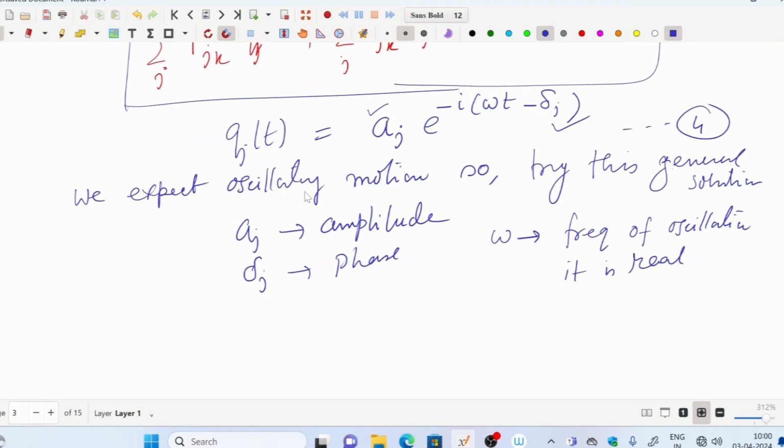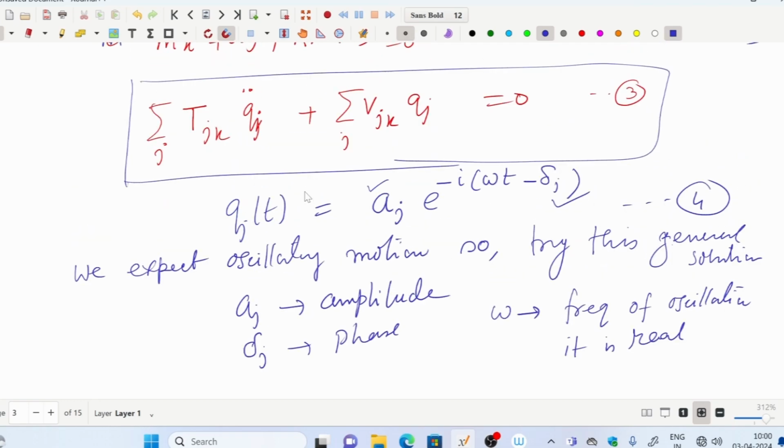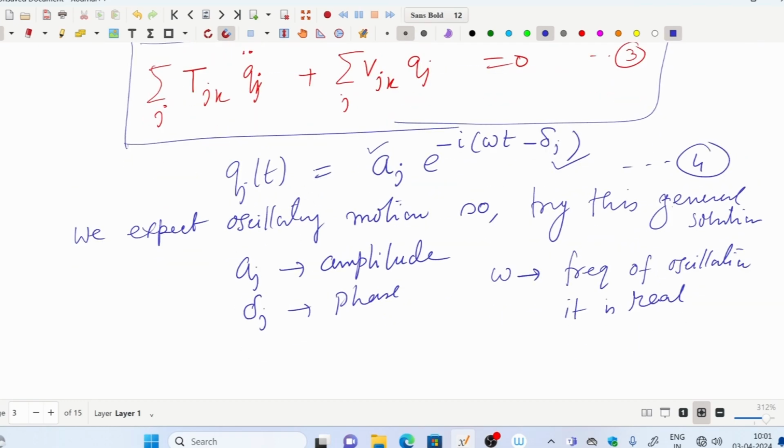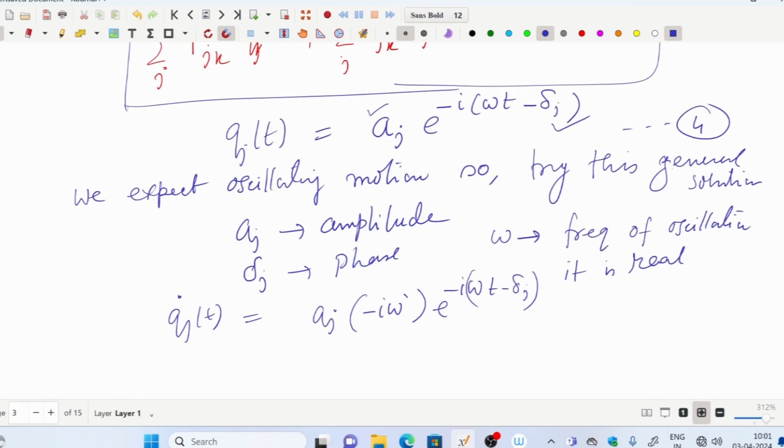Now let us substitute this, equation 4, in equation 3. That means we have to calculate q j dot. q j dot will be A j times minus i omega times e to the power minus i omega t minus delta j. Then q j double dot will be A j times minus i omega squared times e to the power minus i omega t minus delta j.